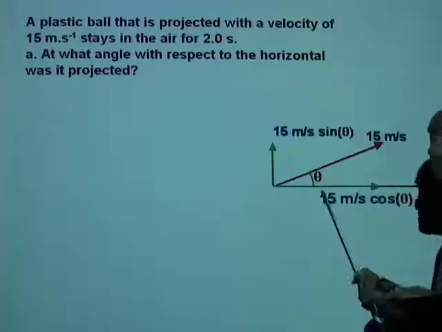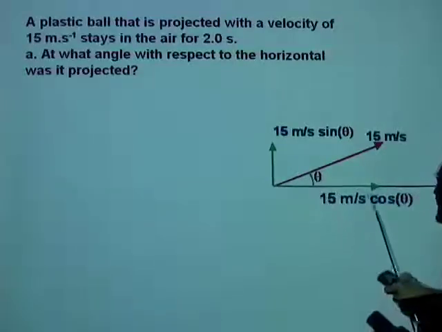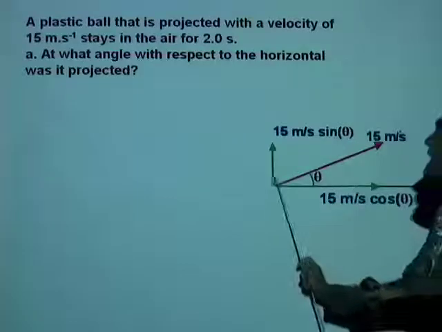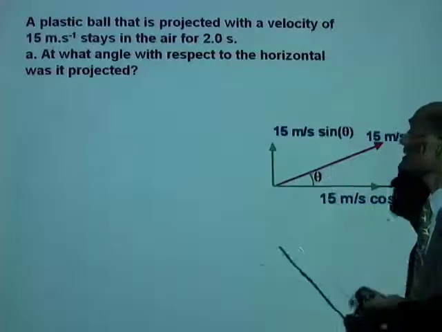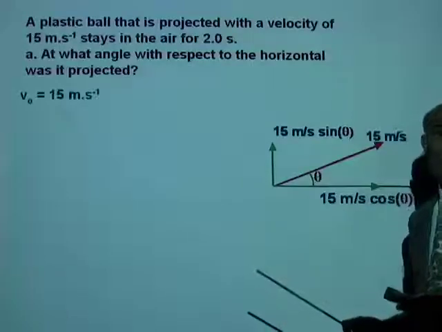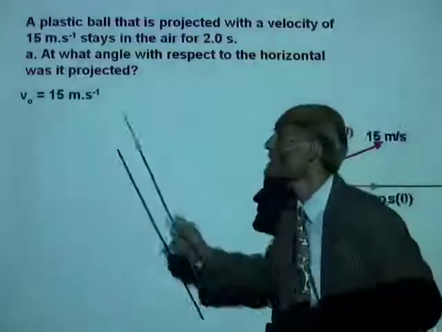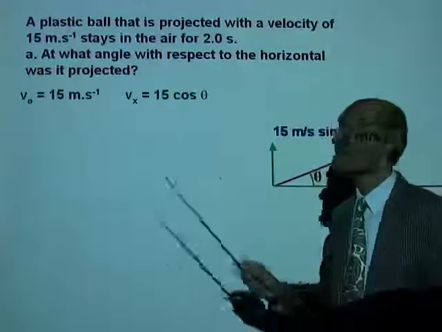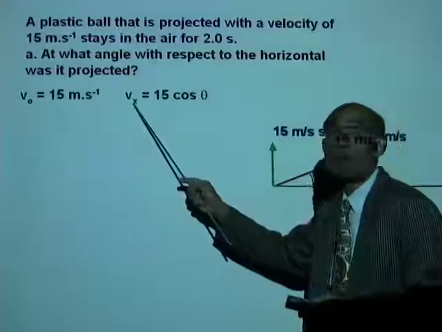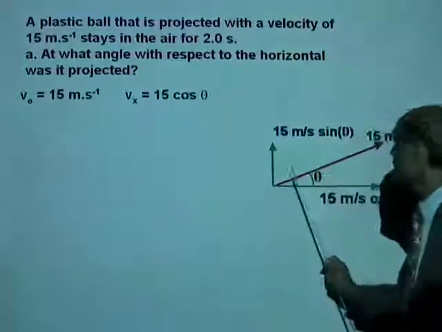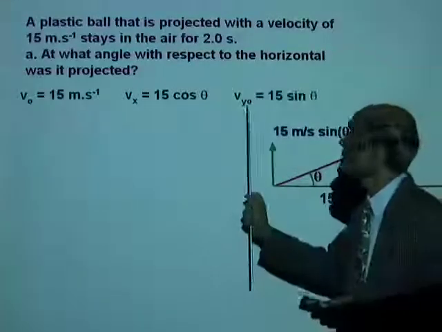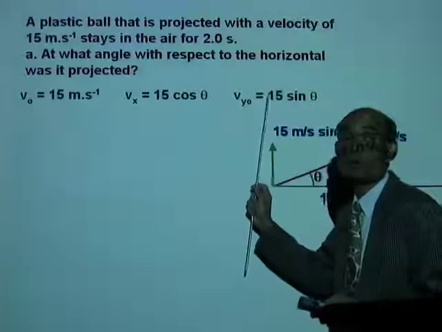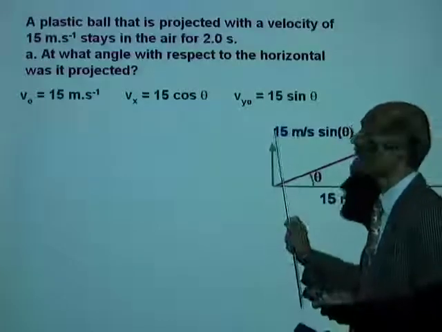Now, the velocity has a horizontal component 15 meters per second cos theta, and a vertical component 15 meters per second sine theta. Alright, V0 is 15 meters per second. The x component of that velocity is 15 cos theta, and Vy0 equals 15 sine theta.